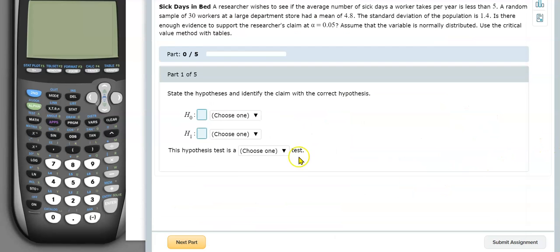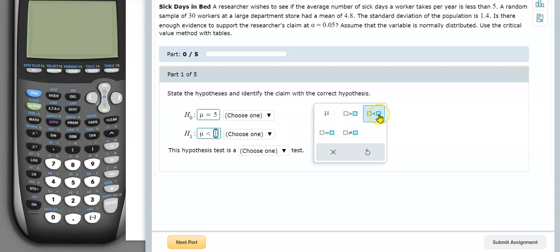I hope you understand it. Here you're going to type in the mean equals 5, and in here you type in the mean less than 5. Of course this one will be the claim, this one is not the claim, and you are choosing only one tail. This is the first part. All the information is coming from the text, we are not guessing anything.